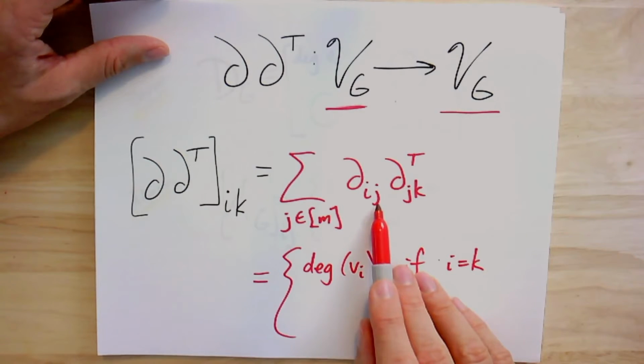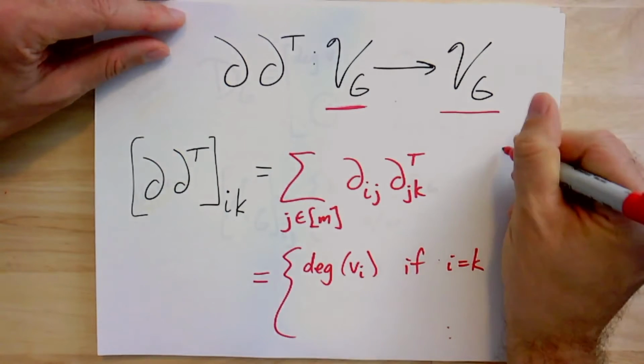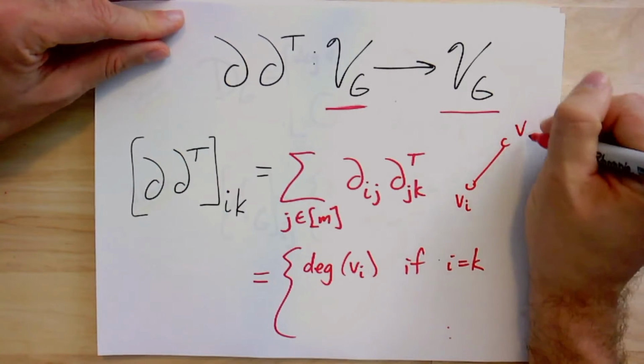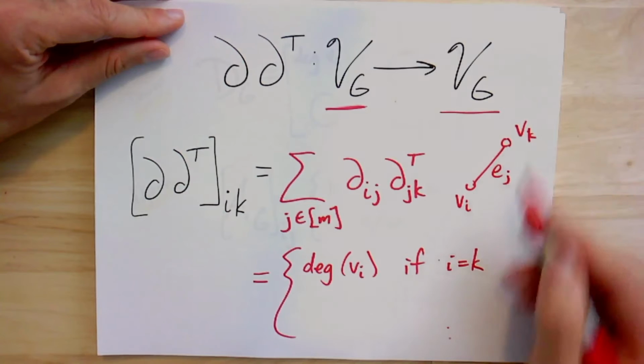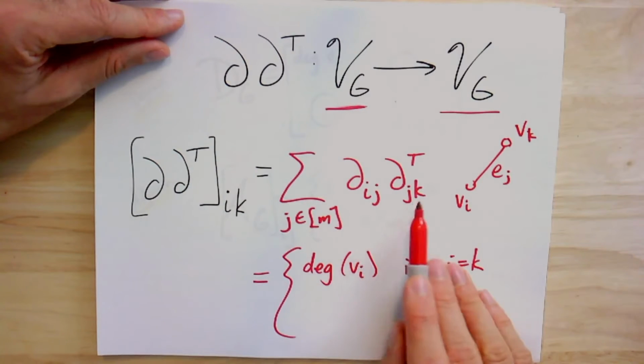But if there is an edge ej that connects vertex i and vertex k, so in pictures that would look like vi, vk connected by ej, then one of these will be +1 and one of these will be -1.